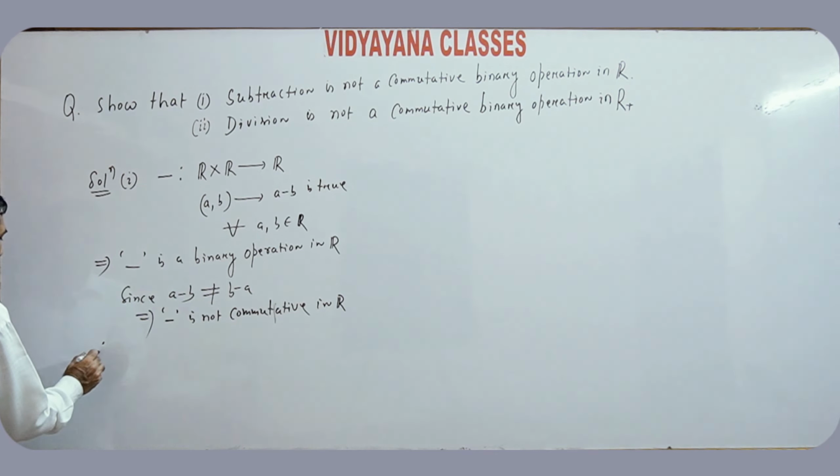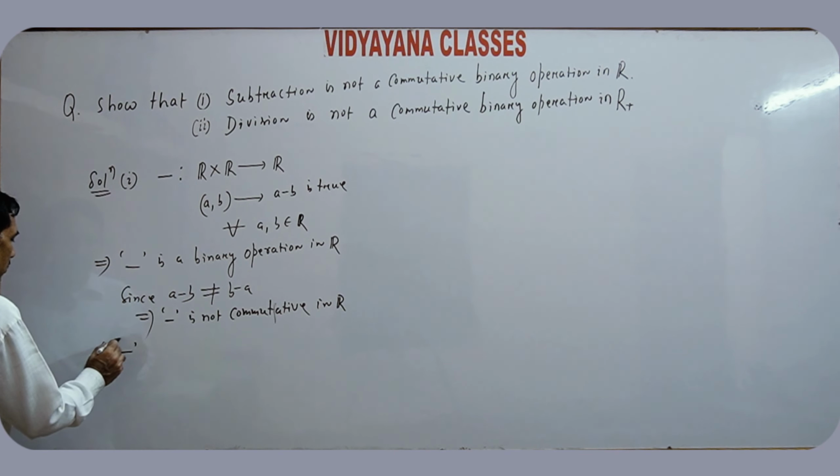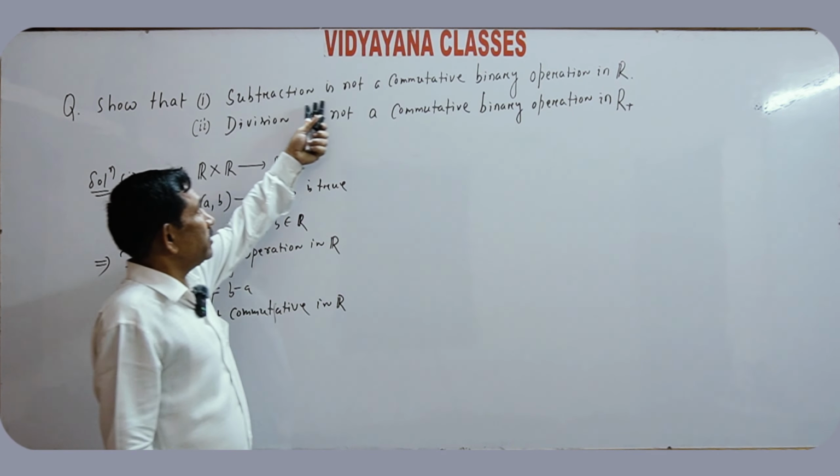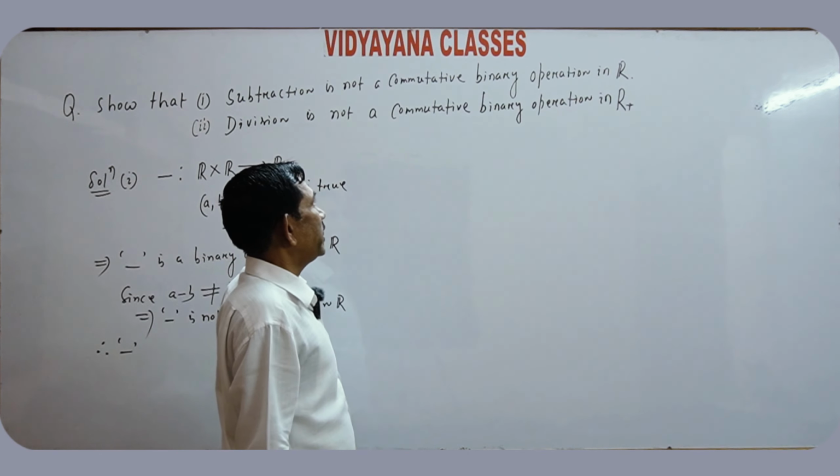Therefore, we have to show subtraction is not a commutative binary operation.